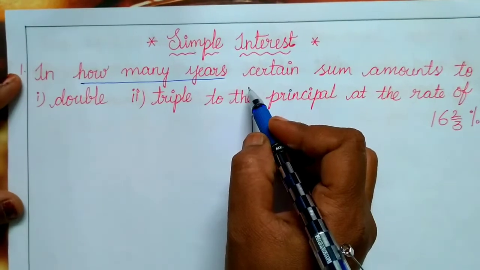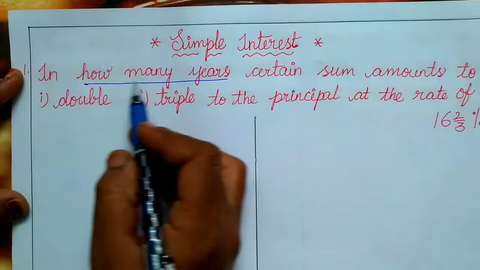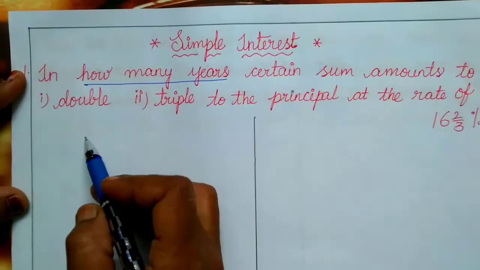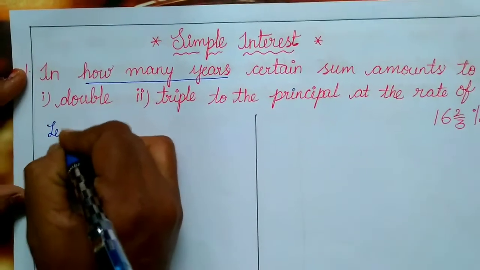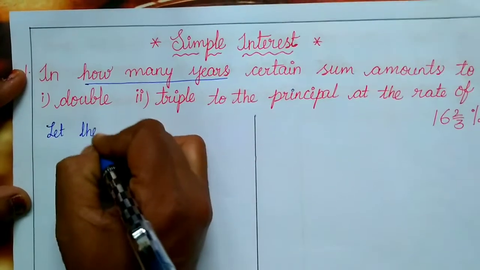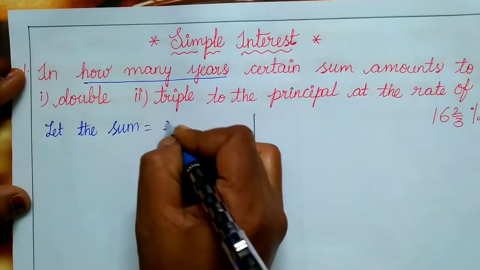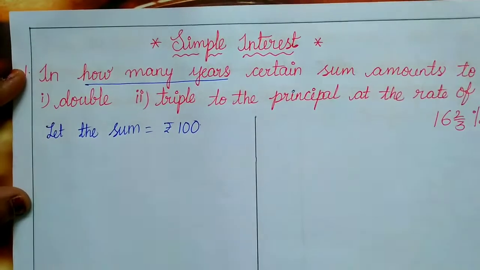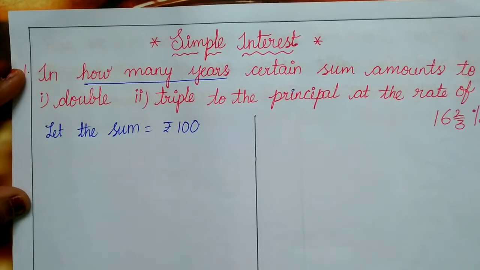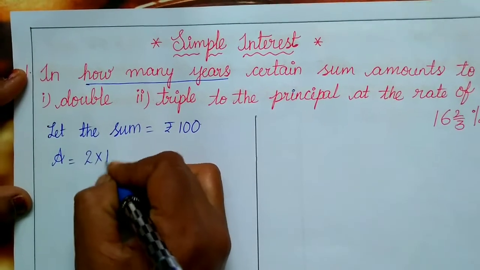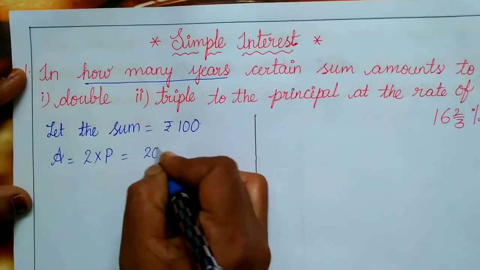Now let us go to the first part. Sum amounts to double. That means let the sum be rupees 100. Sum or principal, both are the same. Now the amount, which is double that of the sum, 2 into P, is 200.